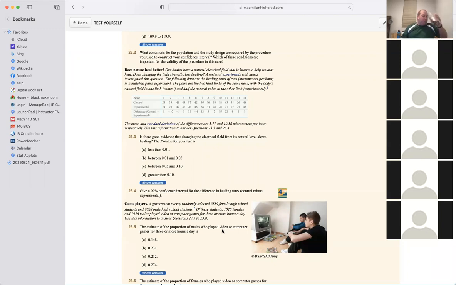Oh, okay, we would reject it. Tell me why. Because the p-value is low. Okay, if the p-value is low, the null must go, right?